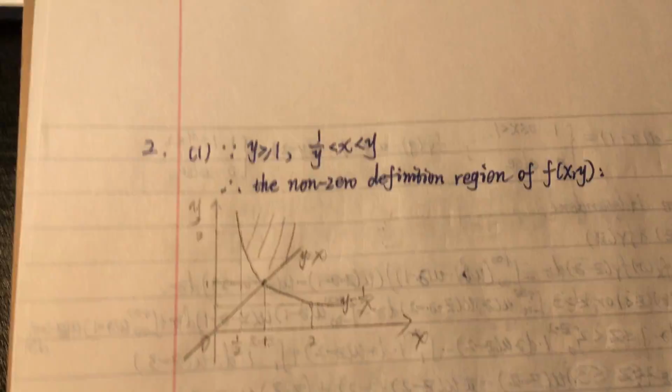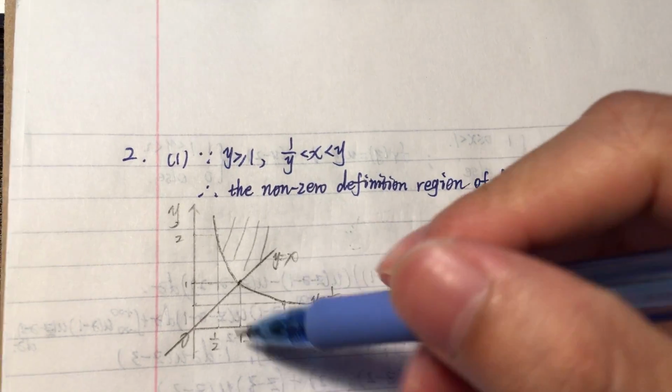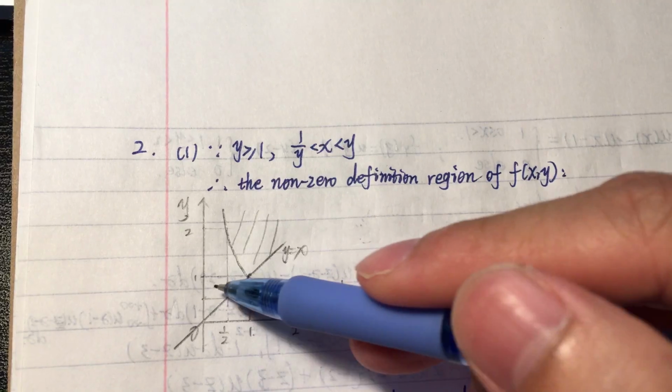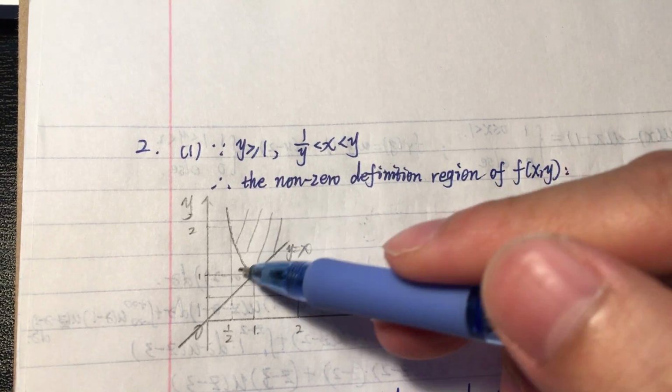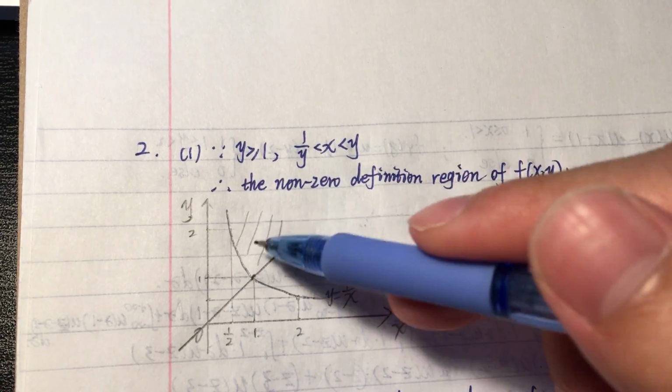Because y is larger than or equal to 1, we can find the line y equals to 1, and we must take the area above this line.